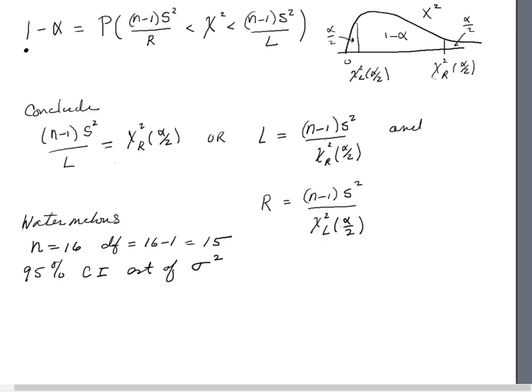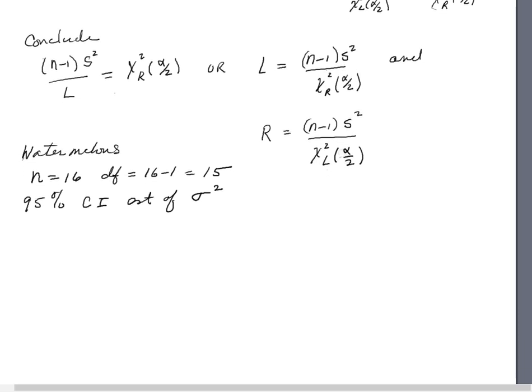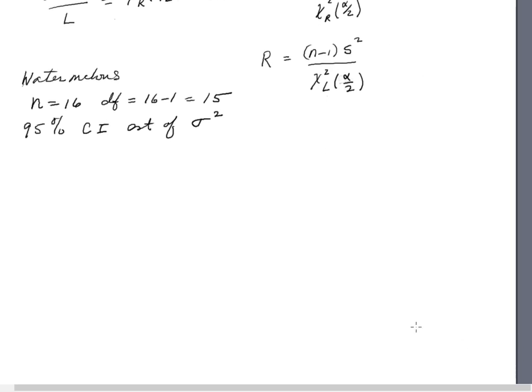Let's scroll up so we're sure we've got enough workspace. Now, according to what we have just discovered in the screen above, our 95% confidence interval would be from n minus 1 s squared over chi-square r 0.025.